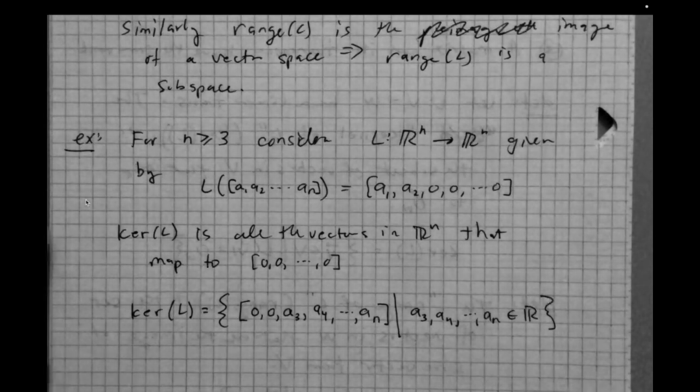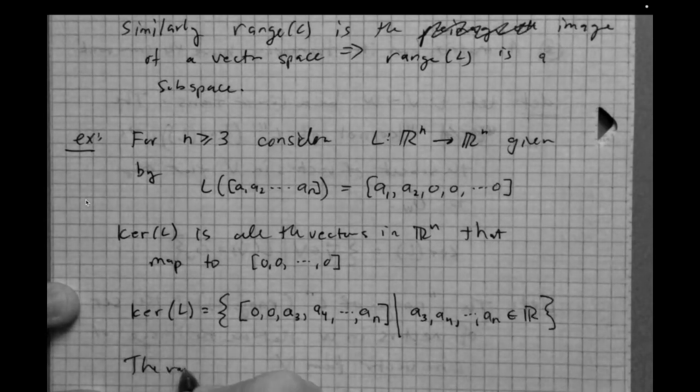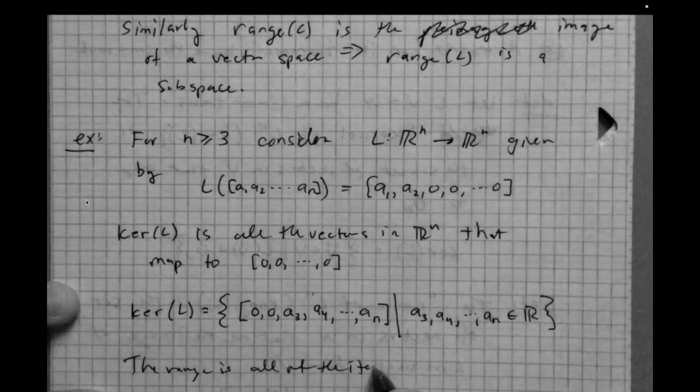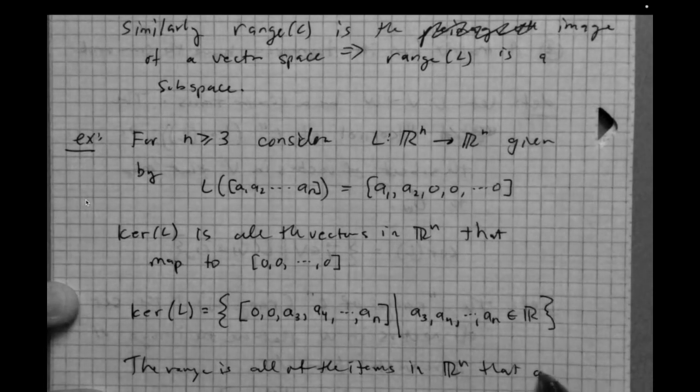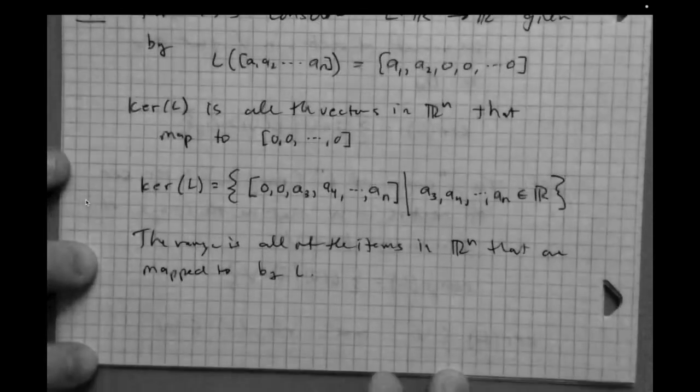Okay, and so what does the range look like? Well, the range is going to be all of the items in Rn that are mapped to by L. That's kind of the definition.